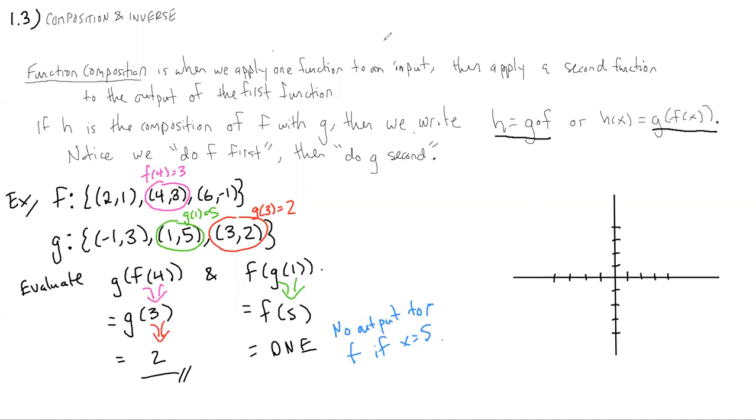So let's say that we get a blue one, and then maybe I'll have a green function that looks like this.